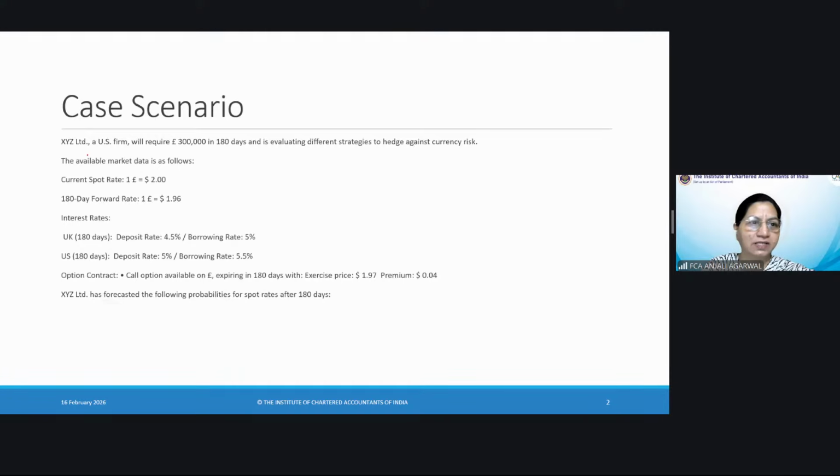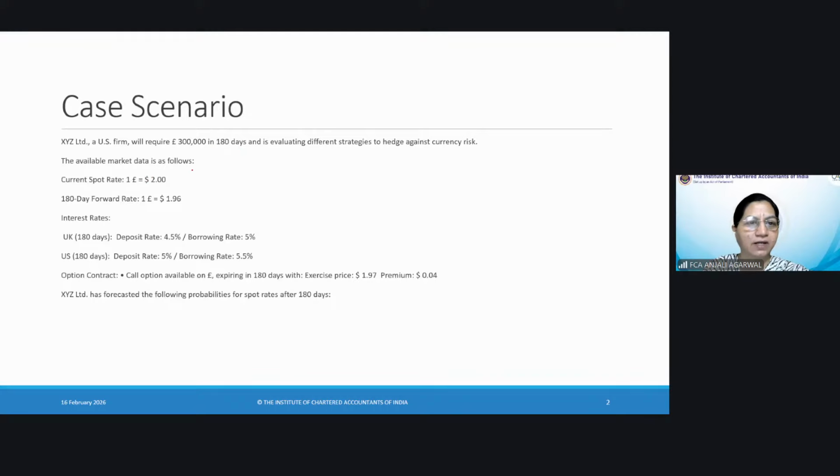So let us take this case where XYZ Limited is a US firm and requires 300,000 pounds in 180 days and is evaluating different strategies to hedge against currency risk. So what does it need? It needs 300,000 pounds in 180 days.